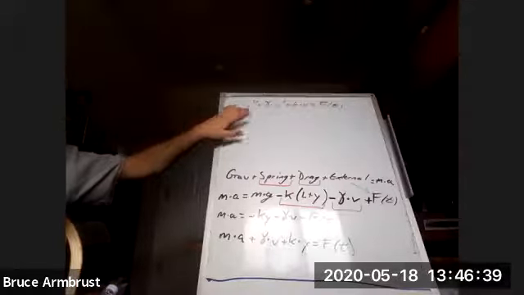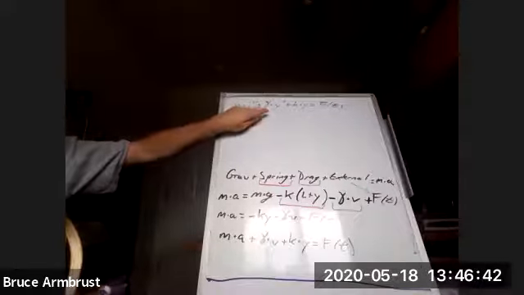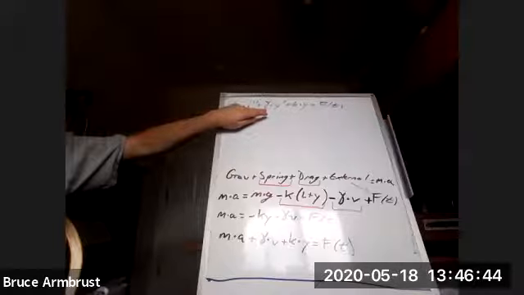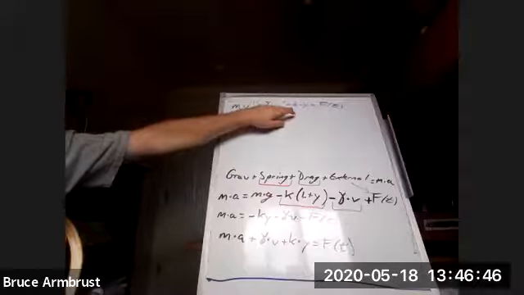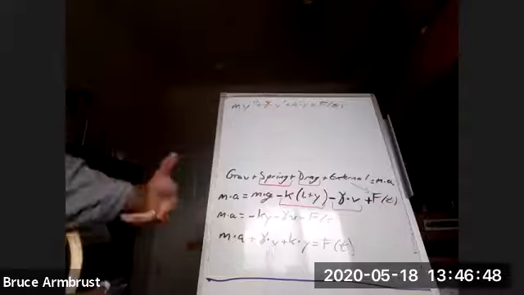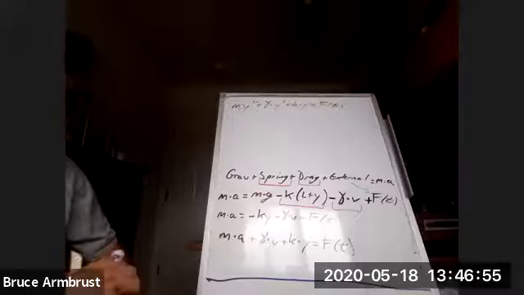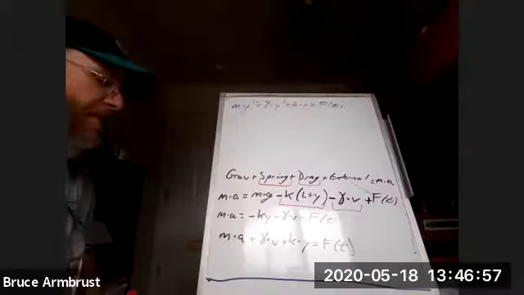M, the mass of this thing, is always the same. The drag coefficient, as long as the medium that we're oscillating through doesn't change, doesn't change. And k is your spring constant. Well, it's in its name, right? It's a spring constant. All right, well, there you go.